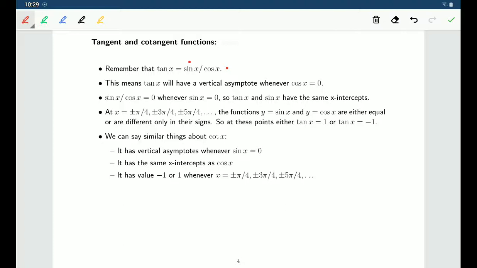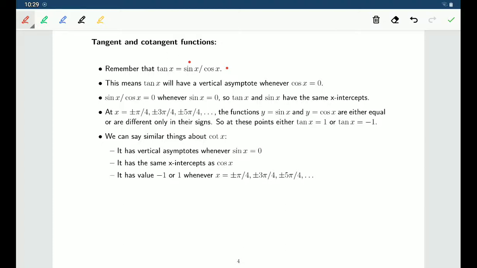And the one other fact that we might have noticed was when we were calculating exact values of trig functions at angles where the reference angle was 45 degrees, so at 45 degrees or 135 degrees or 225 degrees.